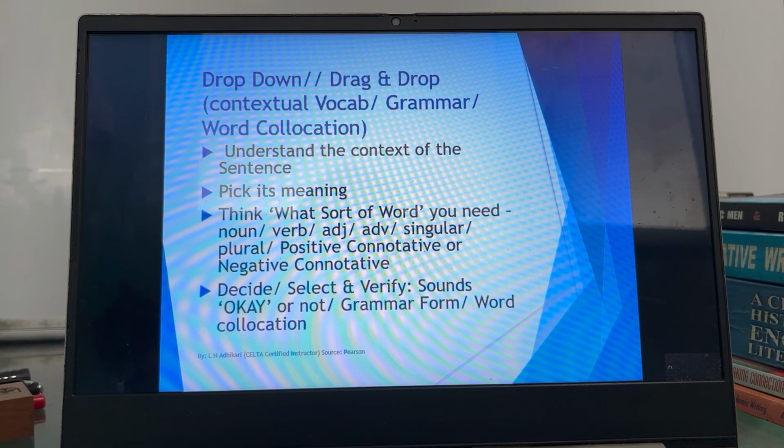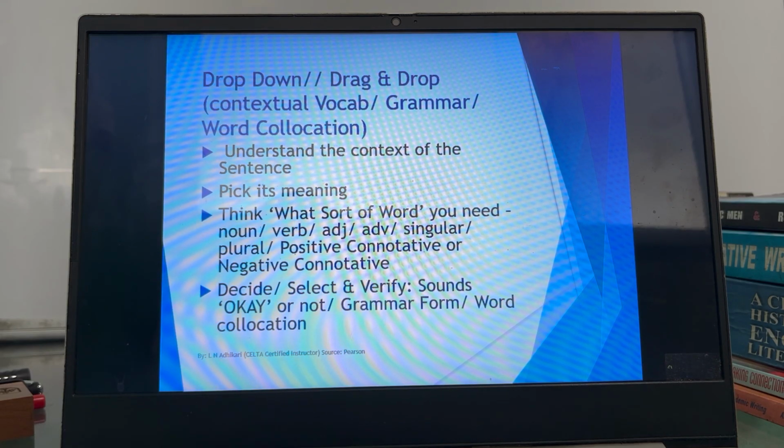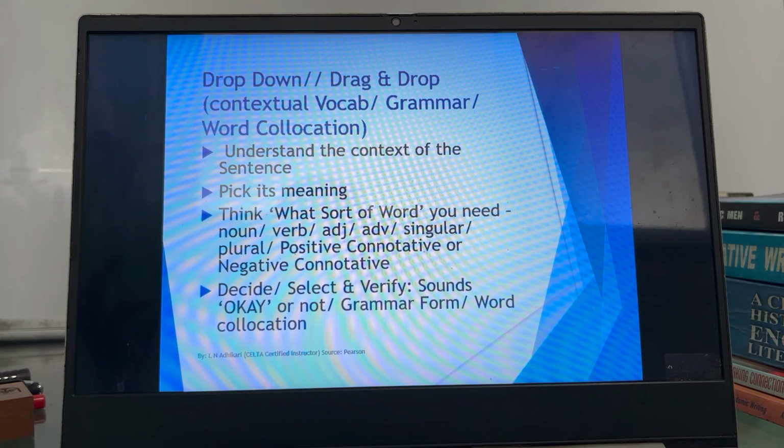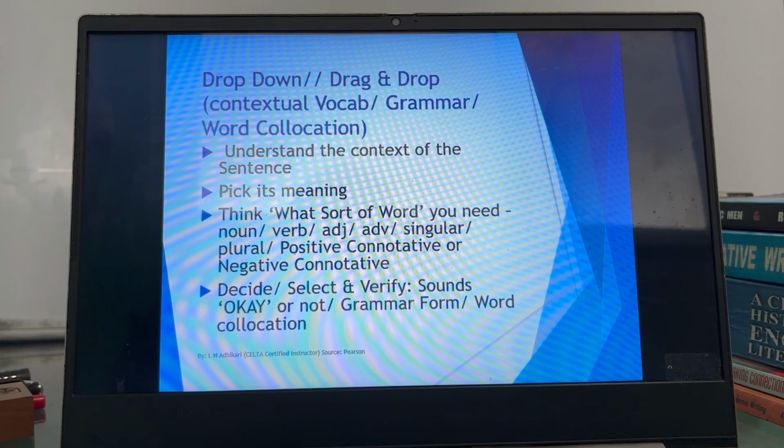What you have to do to handle drag and drop or drop down: first of all, you need to understand the context of the sentence, and you need to think about the sense.